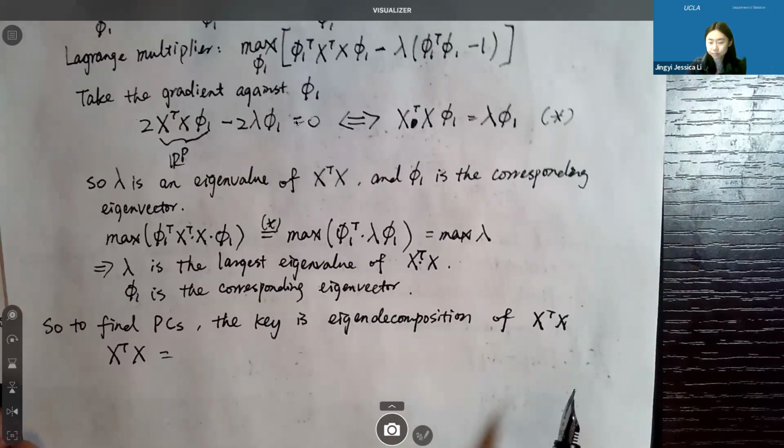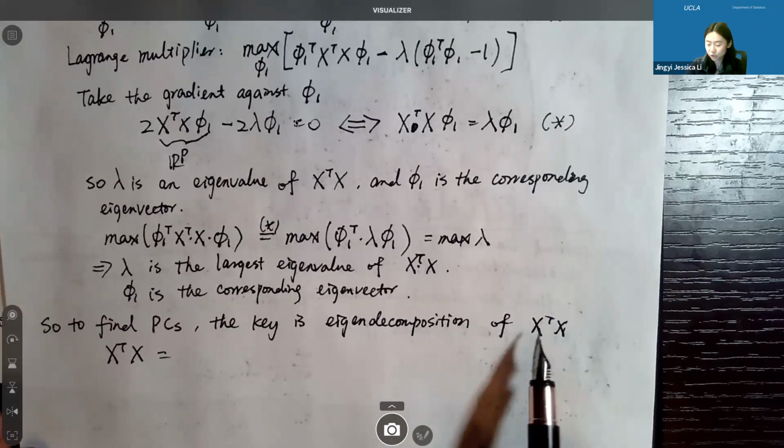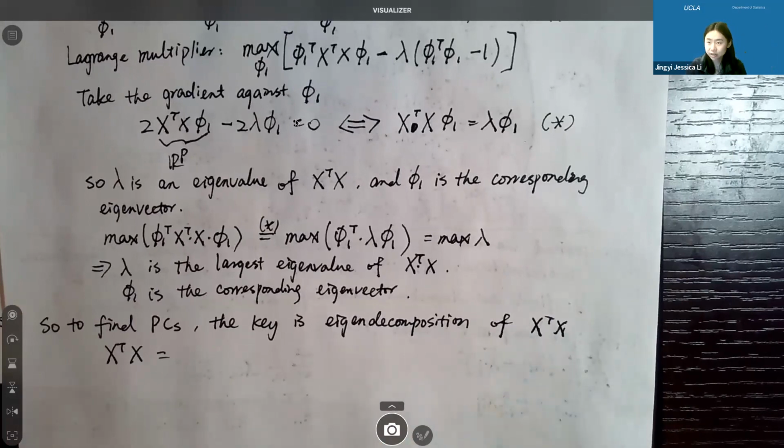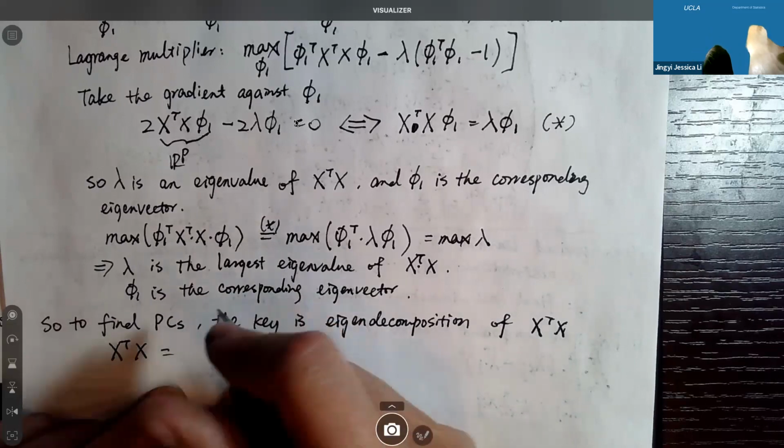And also, because of the special nature of X transpose X, it's actually positive semi-definite. So that means when we do the eigen decomposition, the eigenvalues are all non-negative. And that's also important here. Based on the eigen decomposition, we can write it in this way.